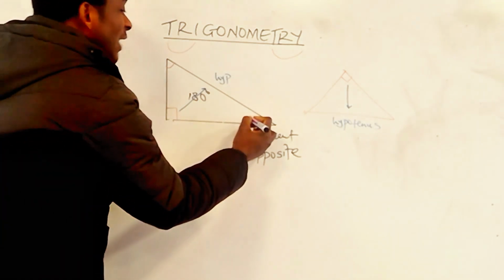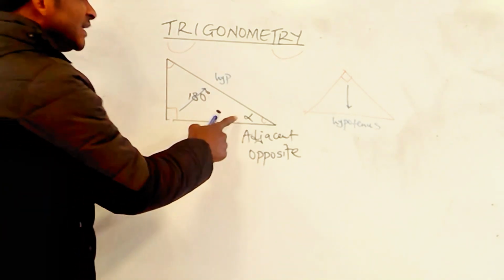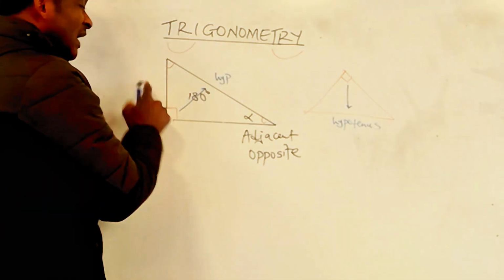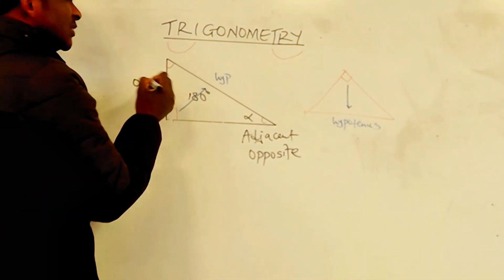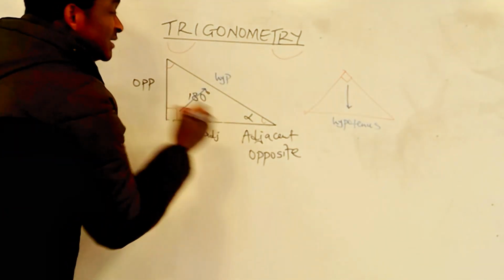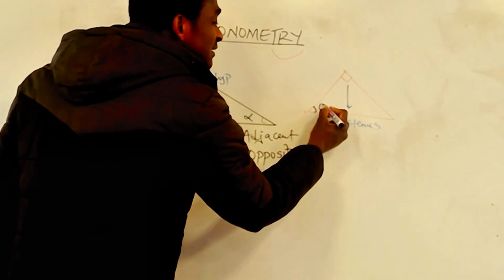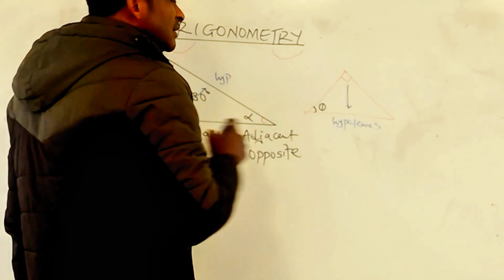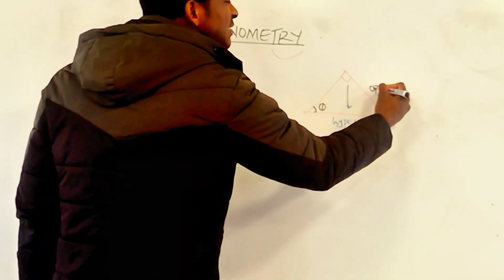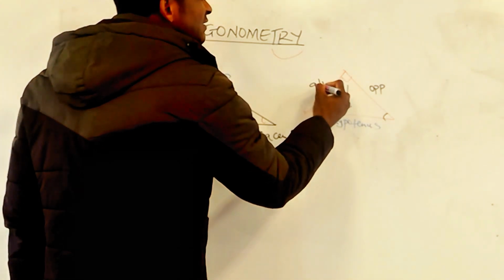For instance, if I want to get the angle alpha, then the side facing that angle becomes my opposite automatically, and the other side becomes my adjacent. If I'm dealing with angle theta, here, this becomes my opposite, and automatically the other side becomes my adjacent.